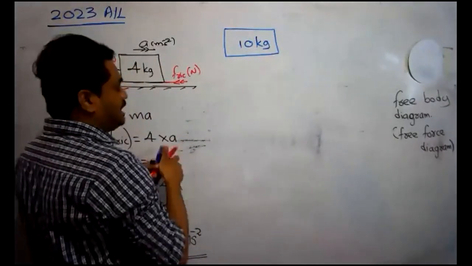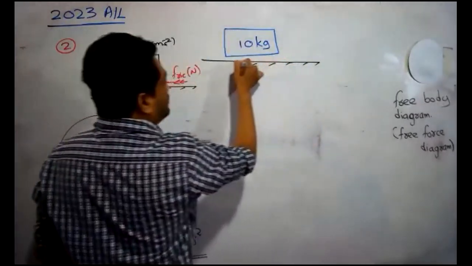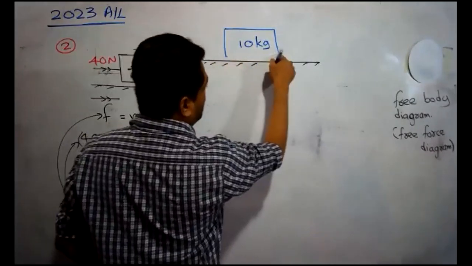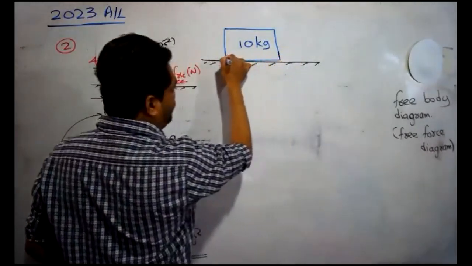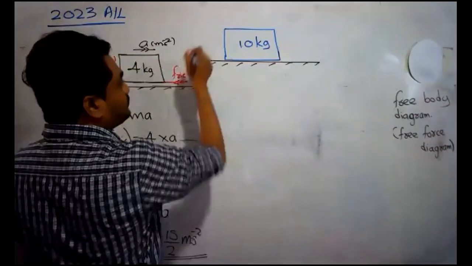Rough means there are friction forces. Draw this figure here. Please draw the figure.